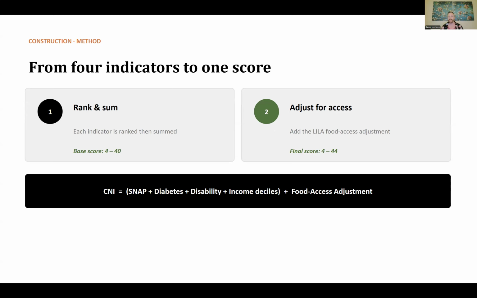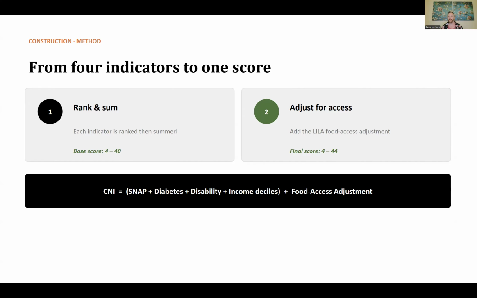So if a place is considered low access, that is to say that if there is not a qualifying retailer within 1 mile in an urban setting or 10 miles in a rural setting, it is considered low access. And low income, which is a measure that they use that is relative to the number of people at or below the poverty level, federal poverty level at a certain point.